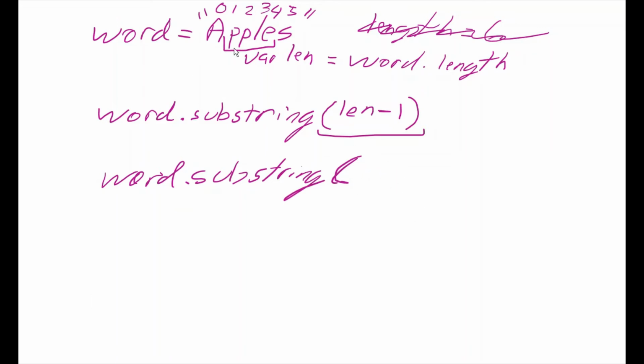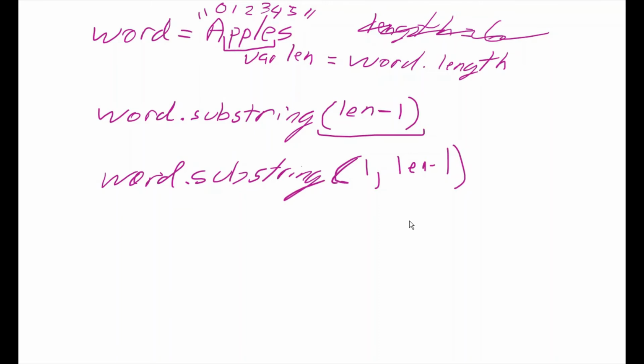Well, that would be substring starting from position 1. I want to go up to, but not including whatever is at position 5 in this case. Well, that's the len minus 1. Yeah, so this would get me everything except for the first and last letter.